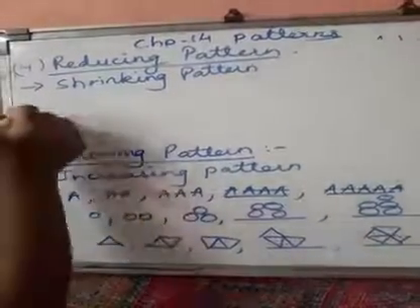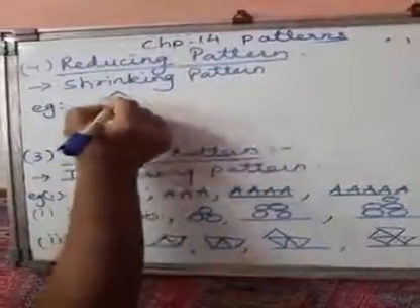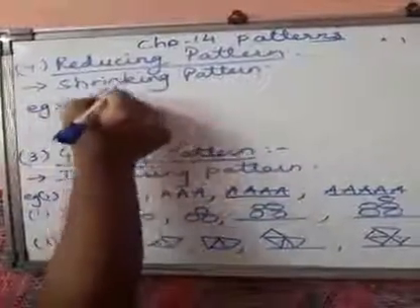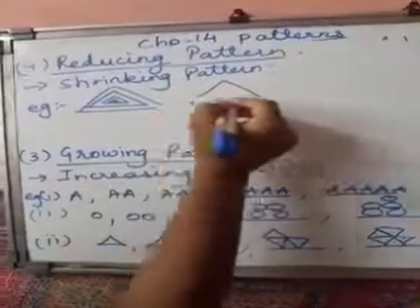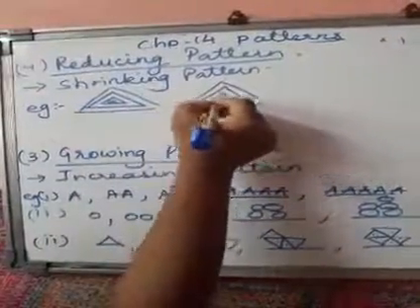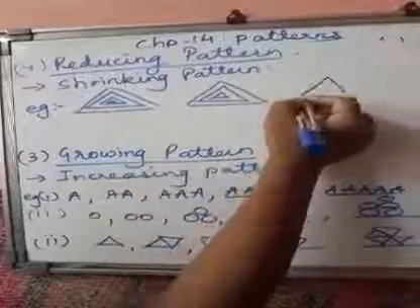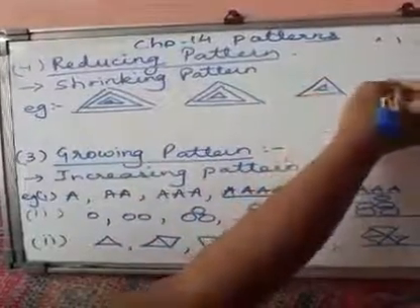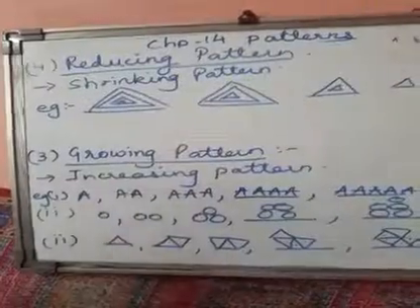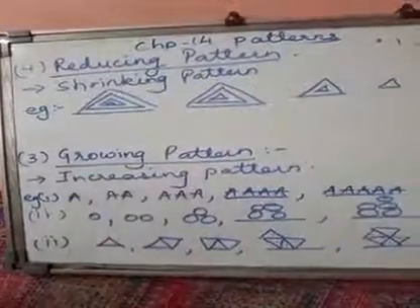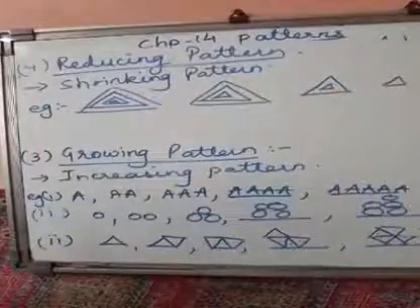For example, over here. Now here was 4 triangles, here 3, 2, 1. So this is what we have done. We have shrunk it, okay? We have reduced its size. So from growing pattern it is going towards the reducing pattern.